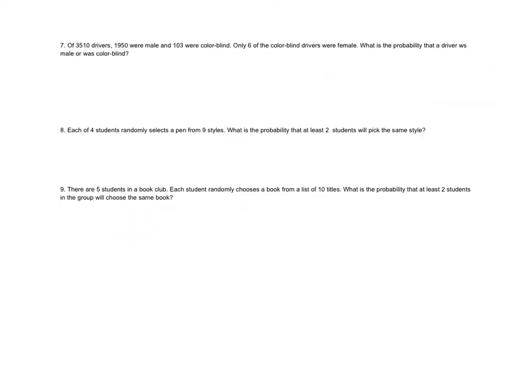Of 3,510 drivers, 1,950 were male and 130 were colorblind. Only 6 of the colorblind drivers were female. What is the probability that the driver was male or colorblind? So male is 1,950 over 3,510. Colorblind was 130 over 3,510.